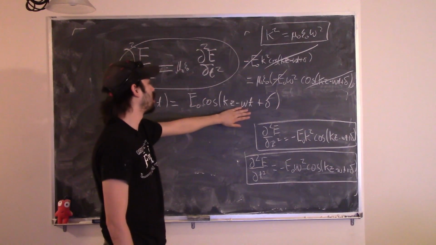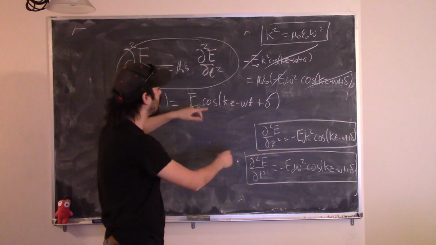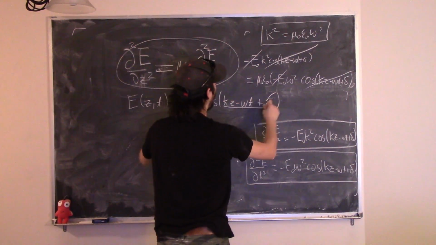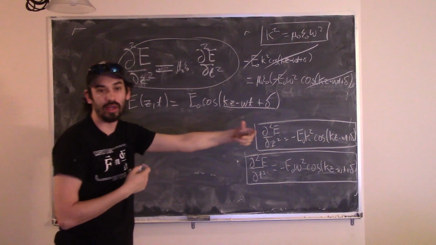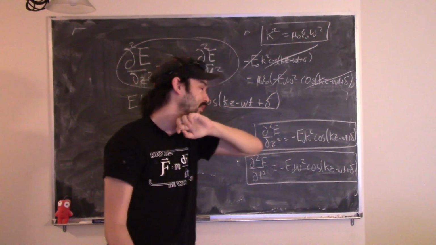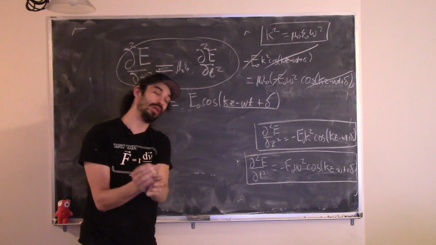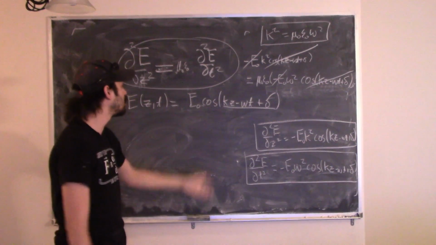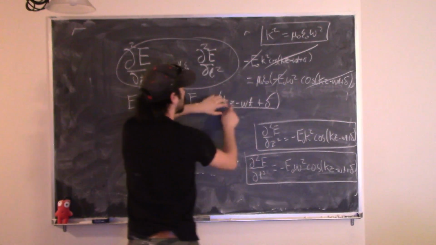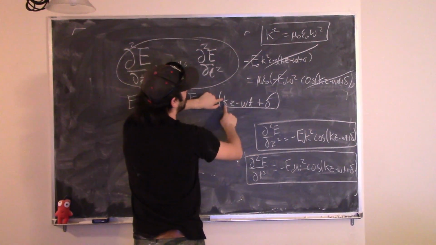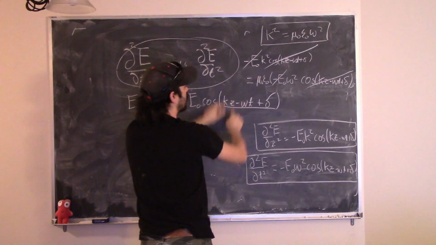Omega should have units of 1 over time. The reason for that is that the argument of a sine or a cosine or a natural logarithm or an exponent should be dimensionless. You shouldn't have any units on the inside of here. So anything that has a unit needs to multiply something else that has the inverted unit.